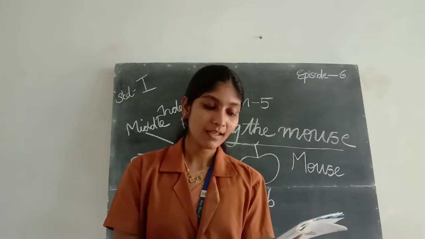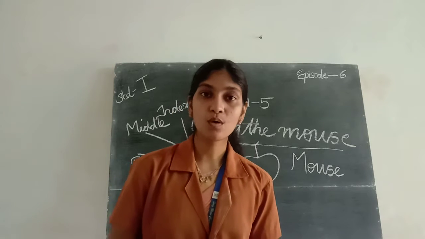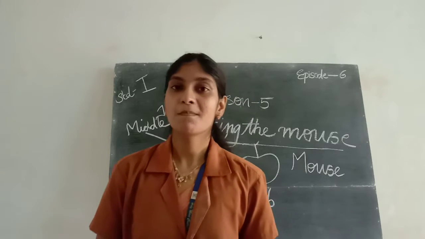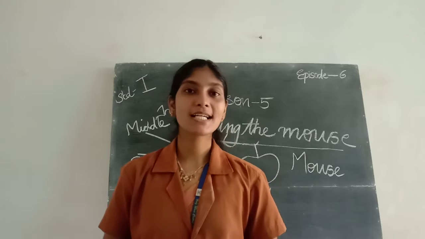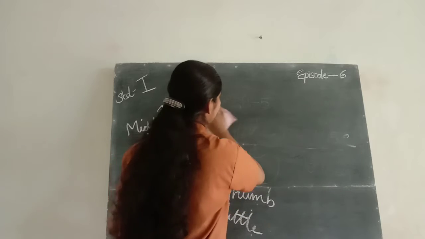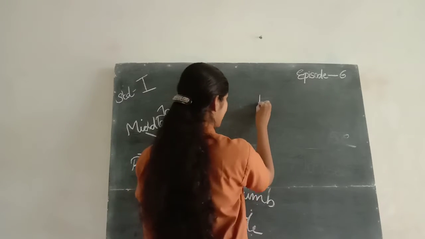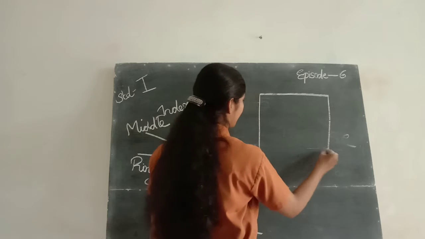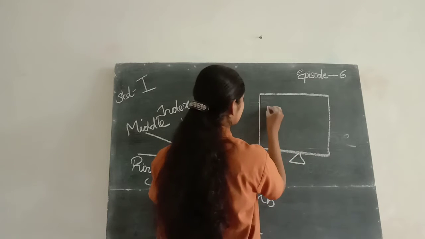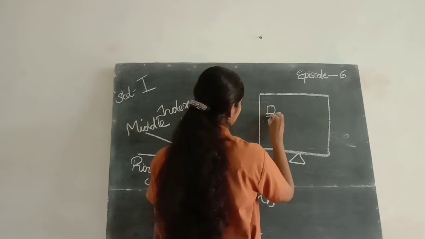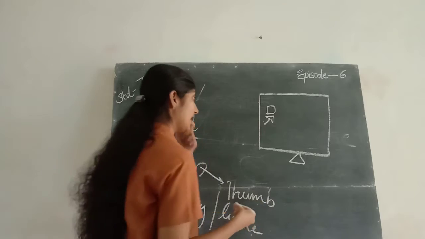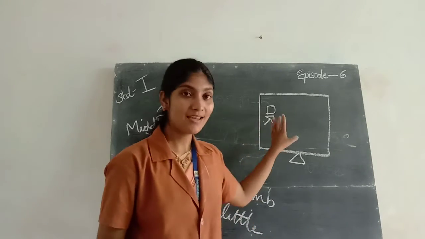Then a mouse is used to point at objects on the monitor screen. Mouse is a pointing device. Why is a mouse called a pointing device? Because this is our monitor, and there is a pointer which is attached to the screen.